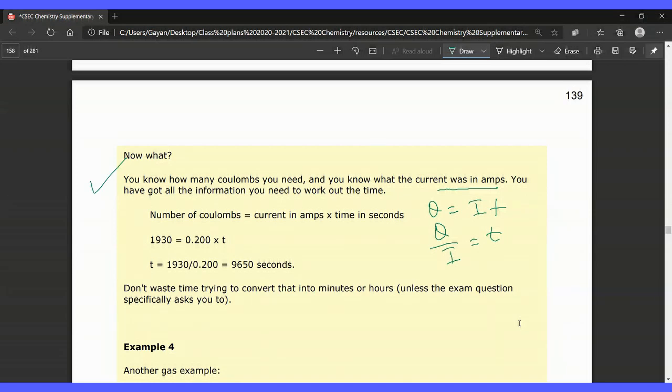So all we would have done is put in the coulombs that we got from up here, which was the 1930, and the amps that they gave us in the question, which was the 0.2, until we got the time to be 9,650 seconds. So this was them dividing Q over I to give us T. This is a question where you work backward. They give you the product and you have to work out how much time it took.